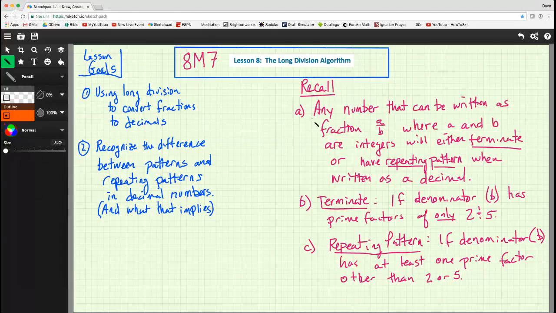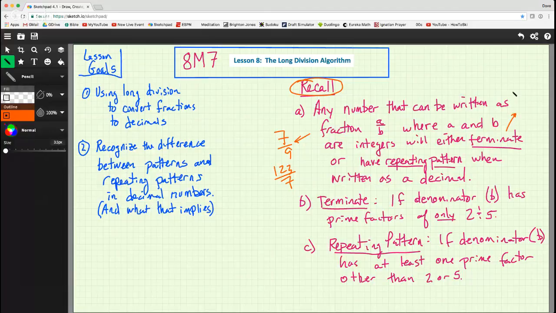Now, one thing I want you to recall, this is something from an earlier lesson in this unit, that any number that is written as a fraction, right? So a over b, like 7 over 9, or 123 over 7. Any number that can be written as a fraction will either terminate or have a repeating pattern when written as a decimal.